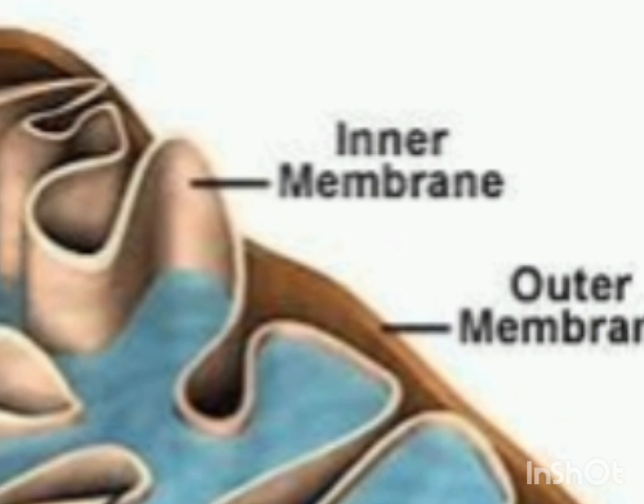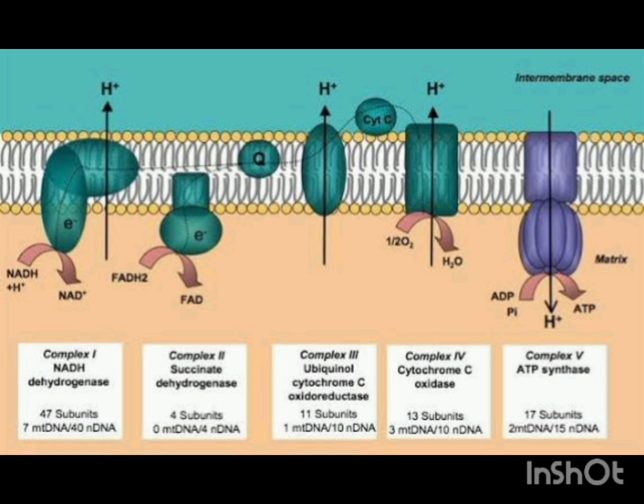The third feature is that it contains transport proteins that regulate molecular movement, and it houses the enzymes and complexes of the electron transport chain. The function of the inner membrane is that it is the site of oxidative phosphorylation, and it is responsible for generating the ATP. The inner membrane is where the real energy production machinery is located.